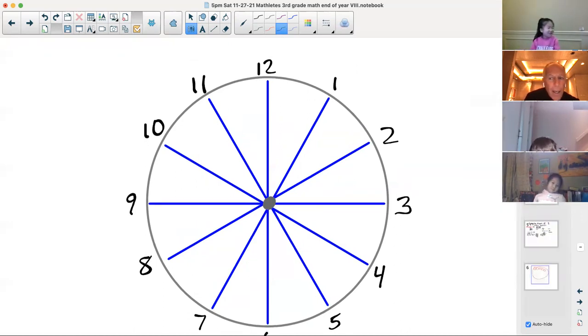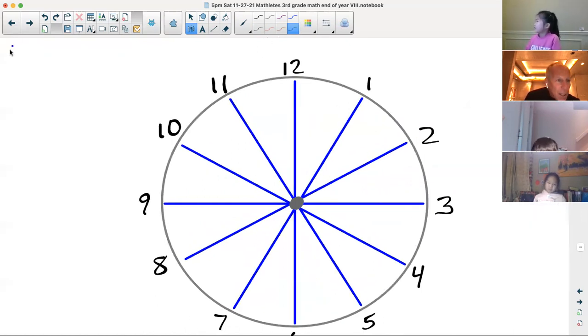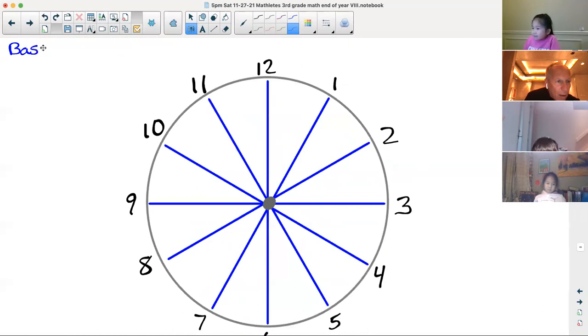So a clock goes back to the old ancient base 12. So the base 12 number system was very, very important. And we have a few things left over from the base 12 number system. We have clocks. And what's the other thing we have from base 12? Something where one special thing is 12 equal parts.